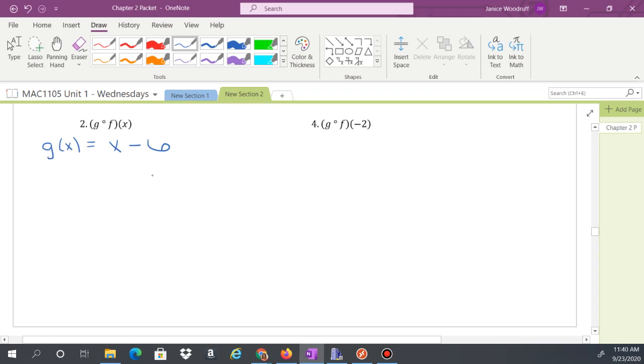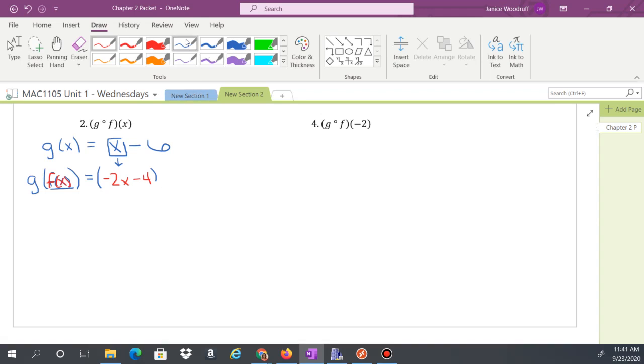Yeah. And then you're going to do g of f of x. So what is f of x here? It's going to go right here. So what was f of x? Negative 2x minus 4.